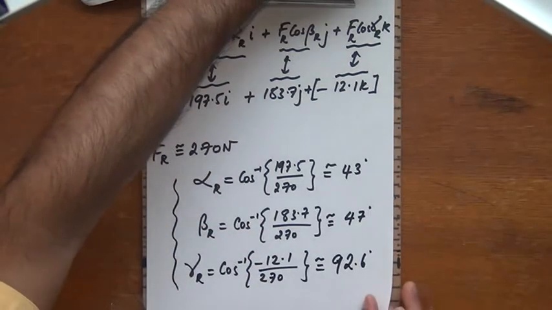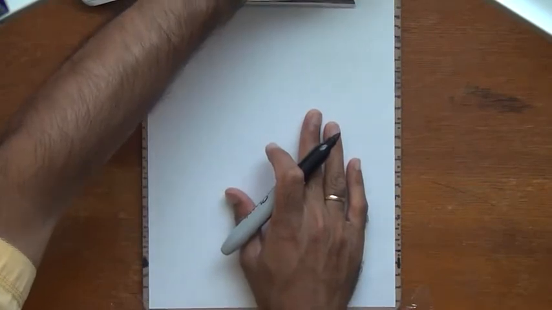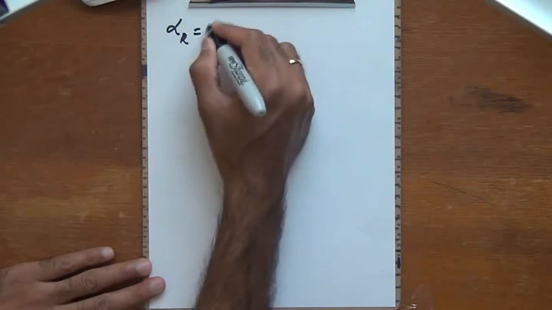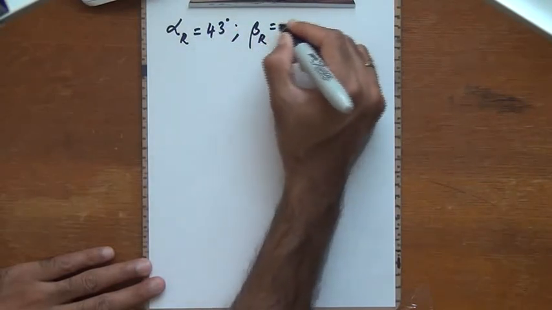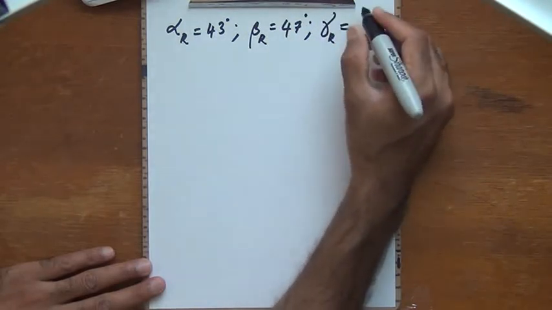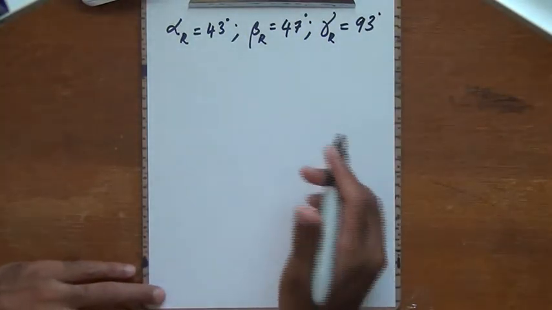And now the final thing to do is to actually draw out the force vector and then mark these angles accordingly. So we have alpha r is 43 degrees, beta r is approximately 47 degrees, gamma r is approximately 93 degrees, 92.6, approximately 93 degrees.